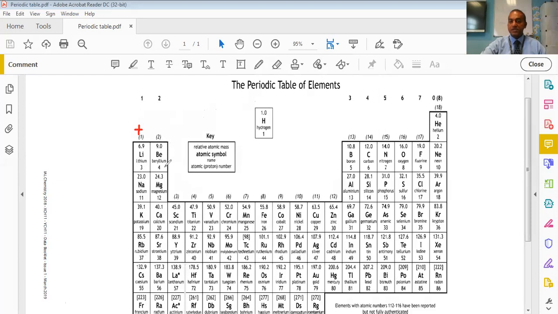Now all those elements in group 2, the charges are +2. All those elements in group 3 are basically +3. Now, this is group 8.